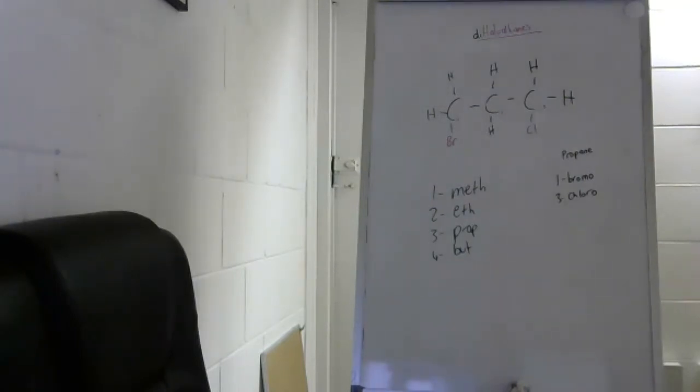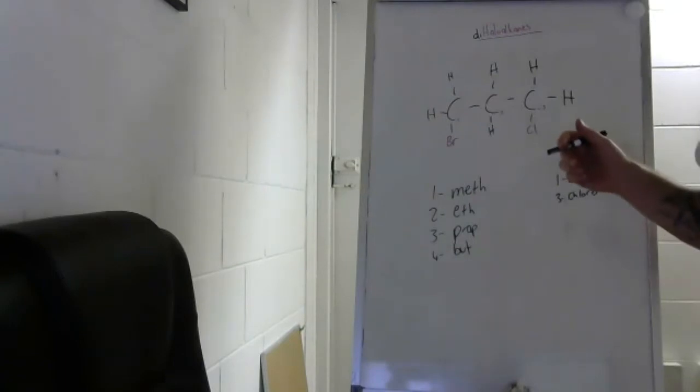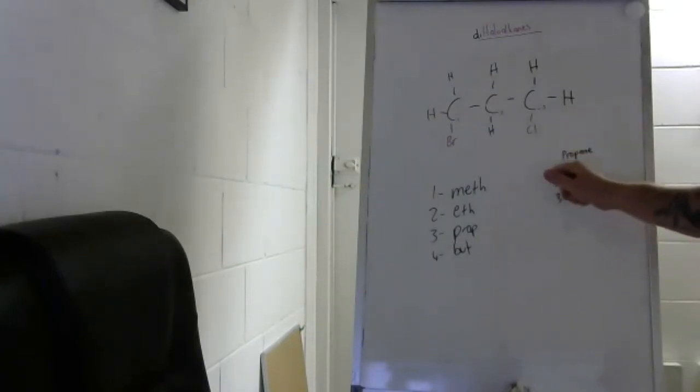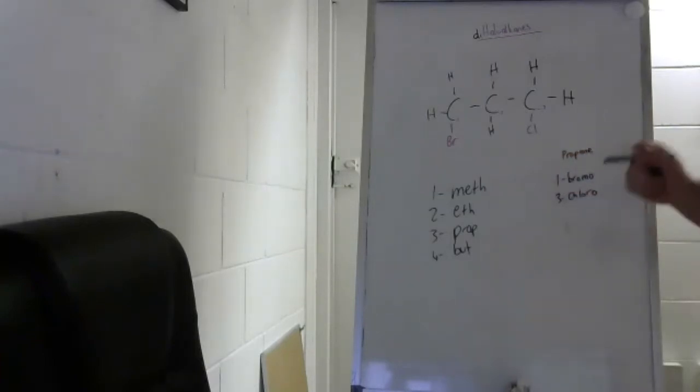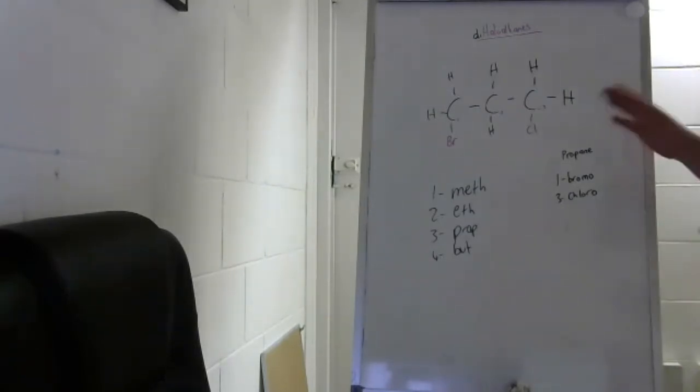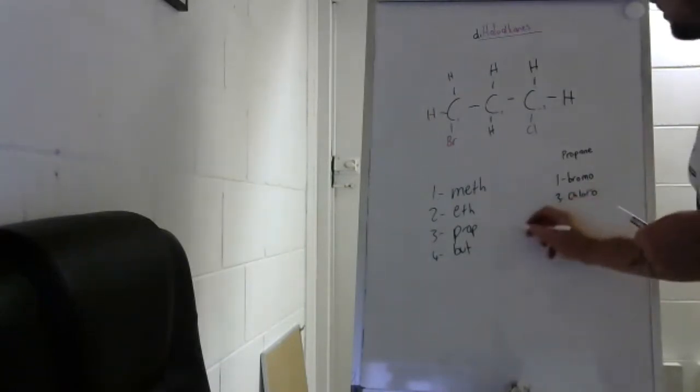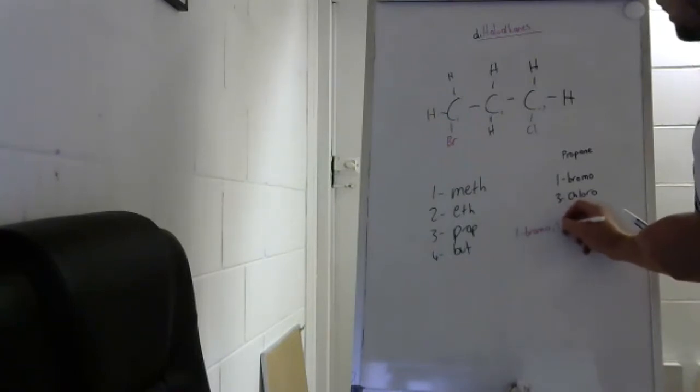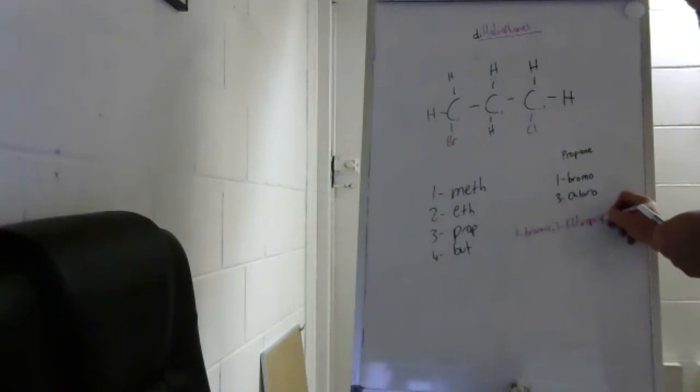When you're naming anything like this, you put all of the names in alphabetical order. So the name of this would be 1-bromo, 3-chloro, propane.